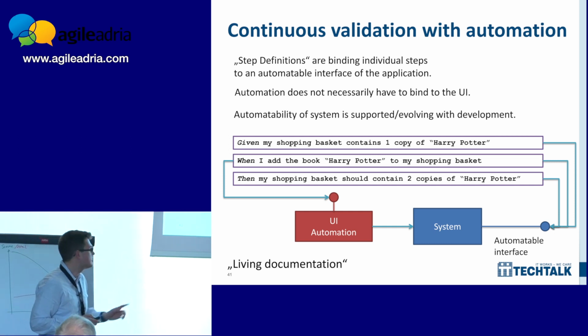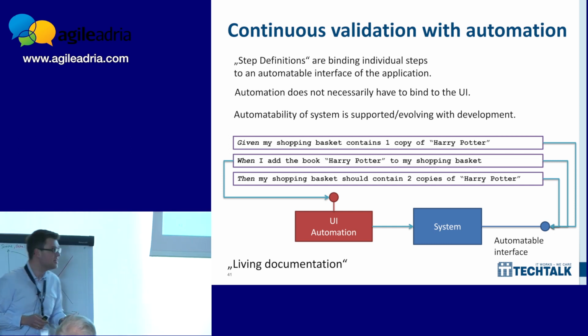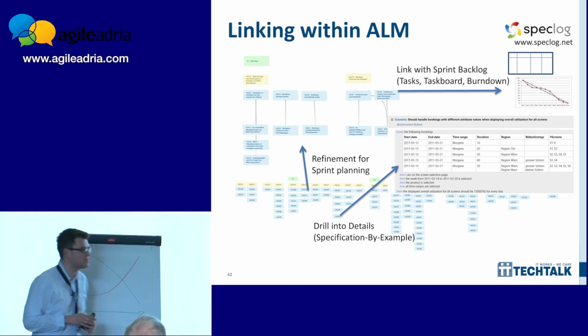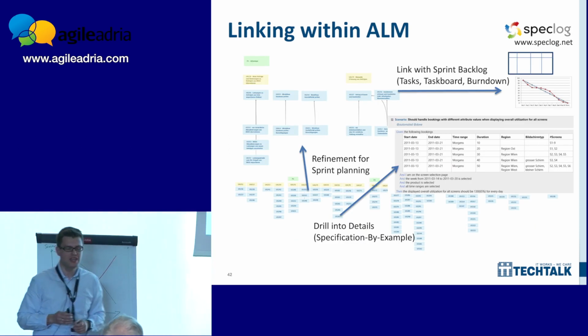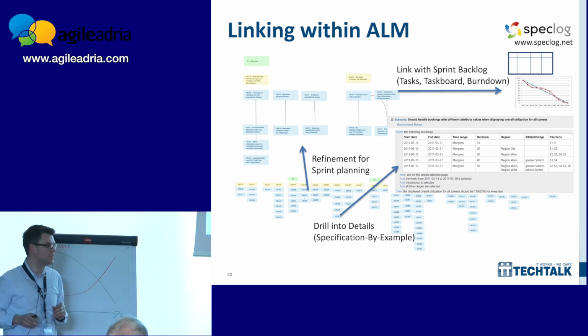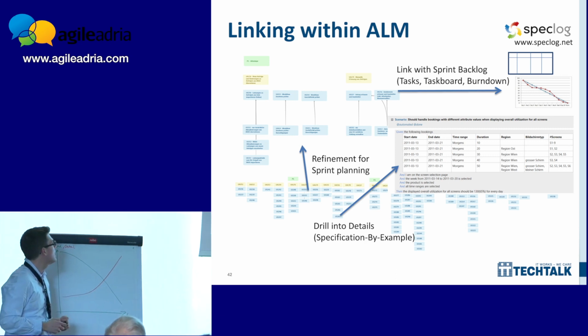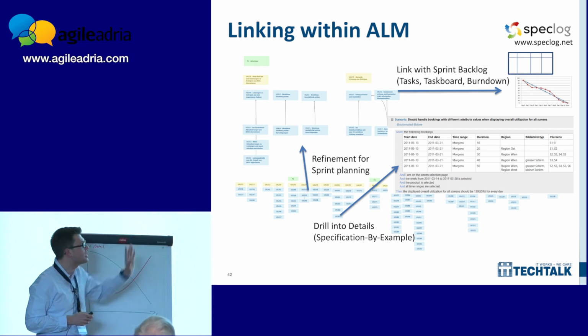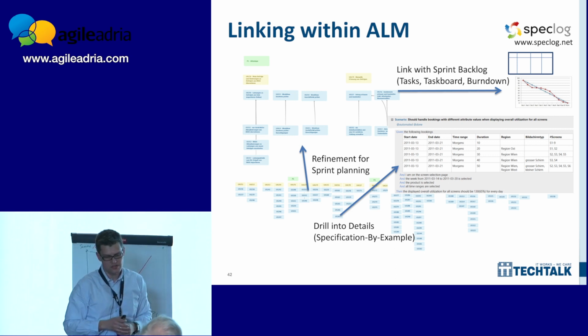Good. Just a quick way how you can link this together. We are maintaining these maps also in some tools, where you can have it in an electronic way while we still maintain the physical map. And we use it for sprint planning, where you can have all your task board and tracking.